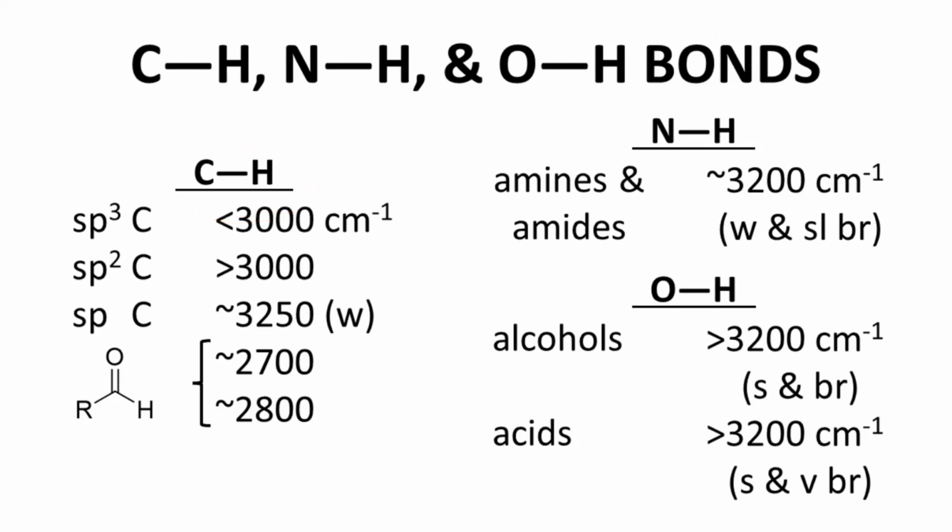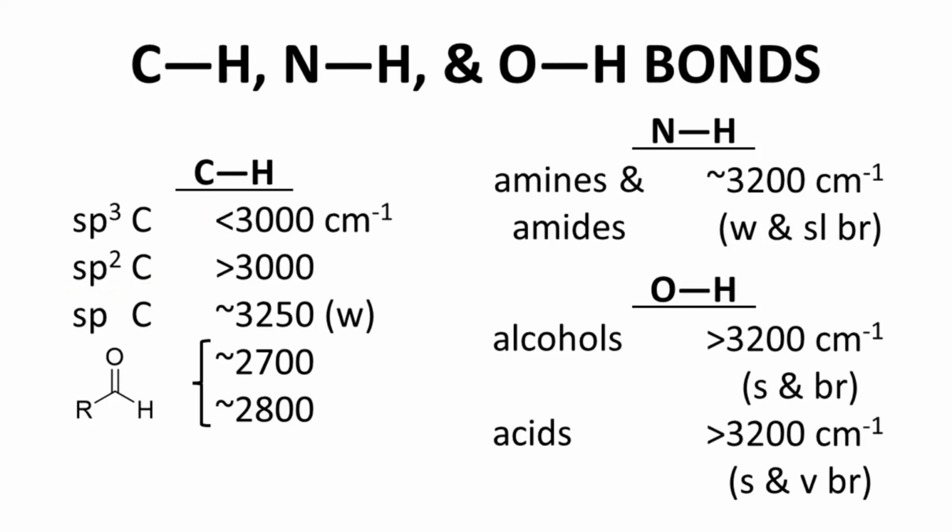These fall into three categories based on the hybridization of the carbon. First, sp3-CH bonds. These absorbances appear near 3,000 wave numbers, just below 3,000 wave numbers. It may be 2950 or so, but below 3,000 wave numbers. Second, sp2-CH bonds.